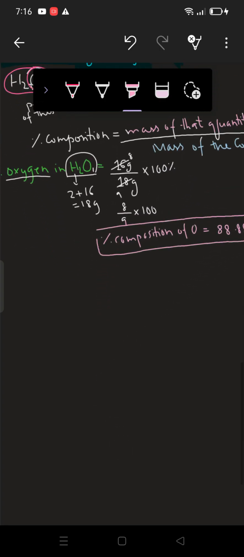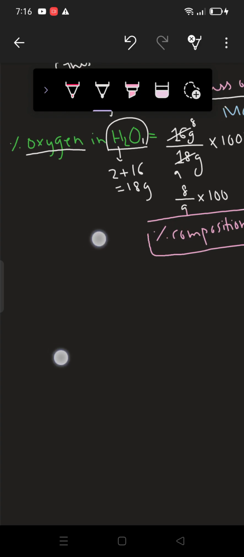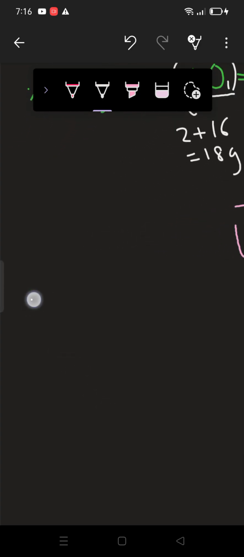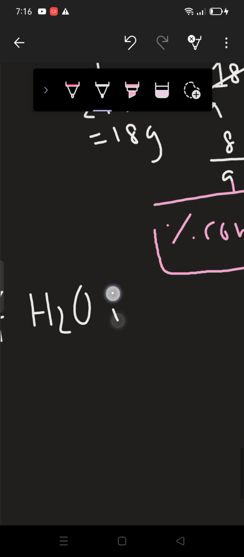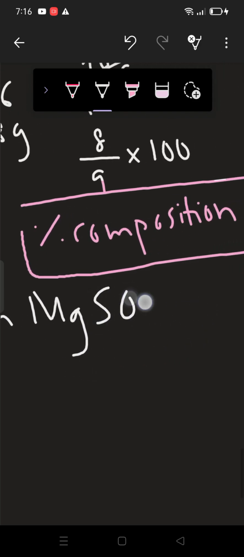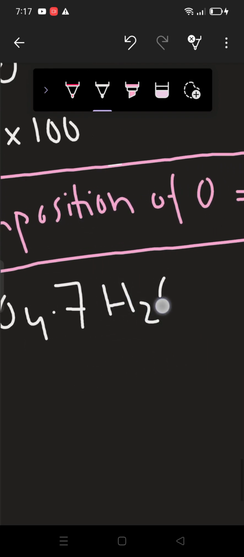Now we have another question. We'll wind this up very quickly, and we need to have a grip on this as well. That's why we are just going to solve another question. Now we need to find the percentage composition of H2O in magnesium sulfate with 7 molecules of H2O.